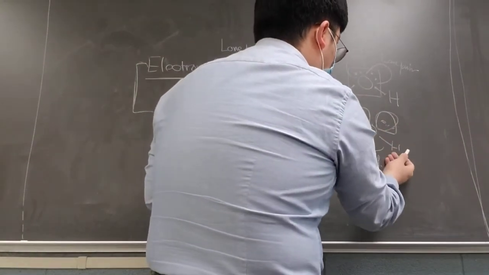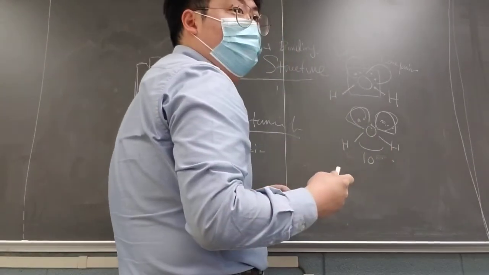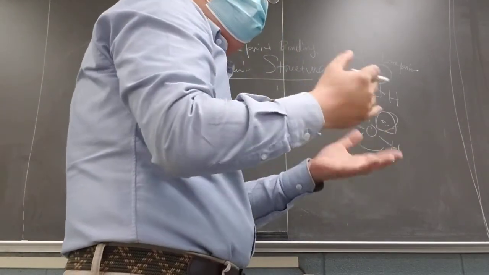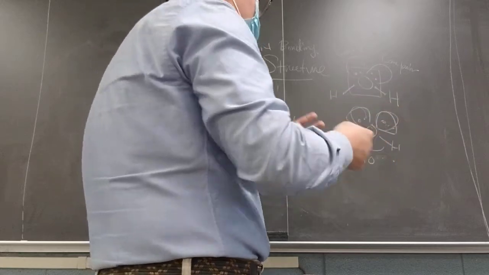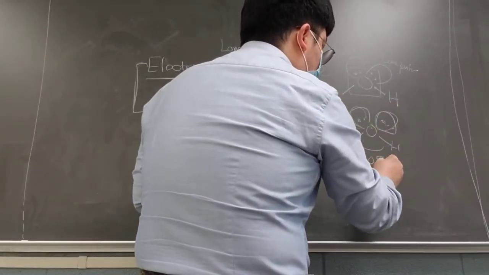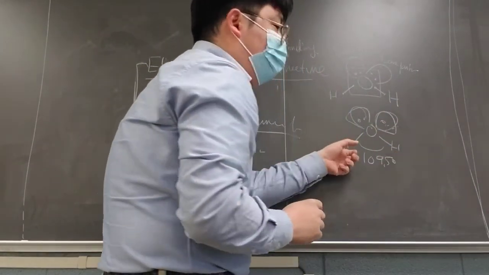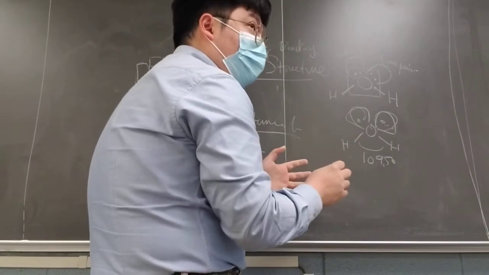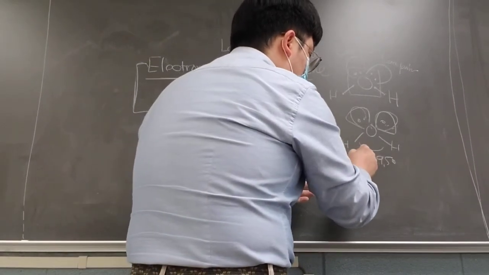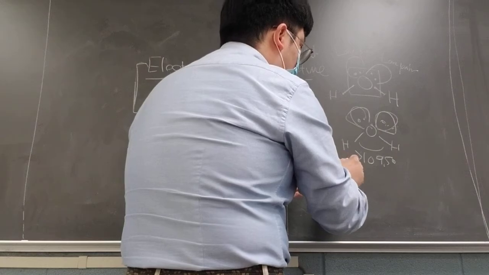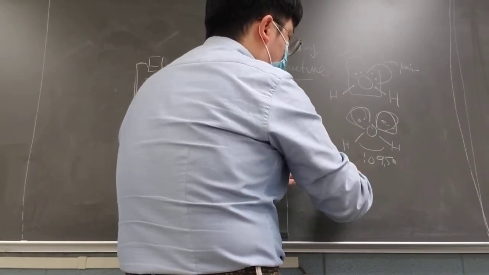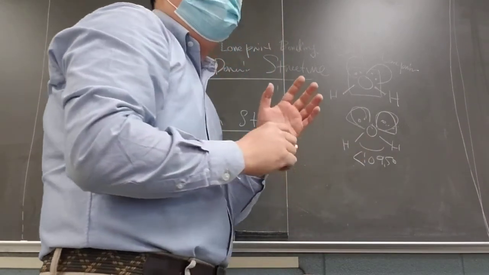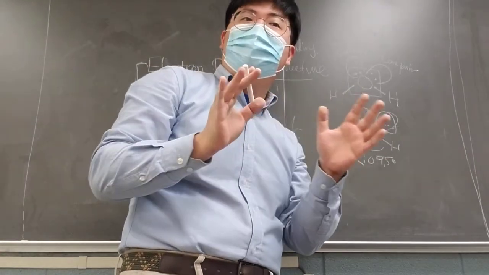So the bond angle will be a lot smaller than 109.5. Sometimes it's 104 or 105, it goes on. But obviously, if I put this on the exam, the only thing you have to know is that it is smaller than 109.5.